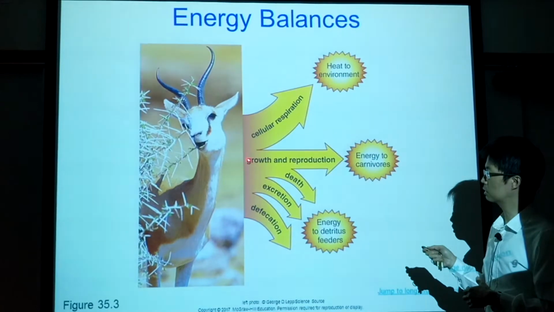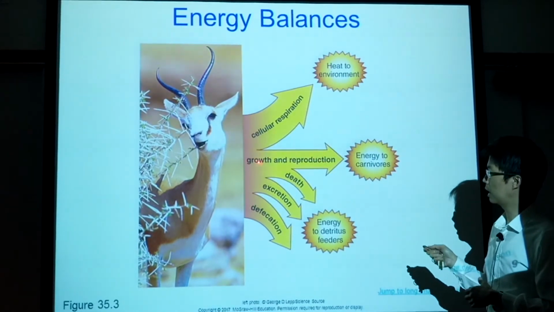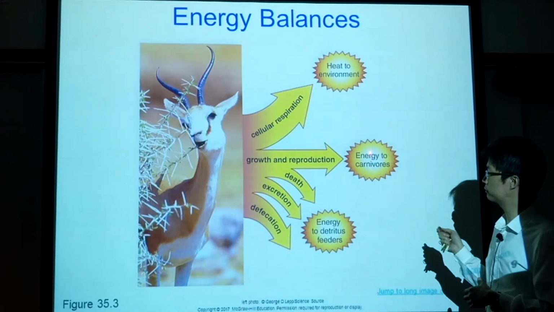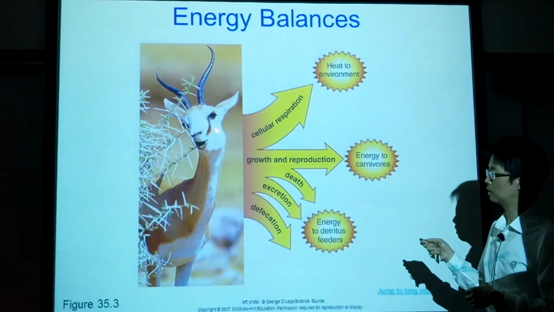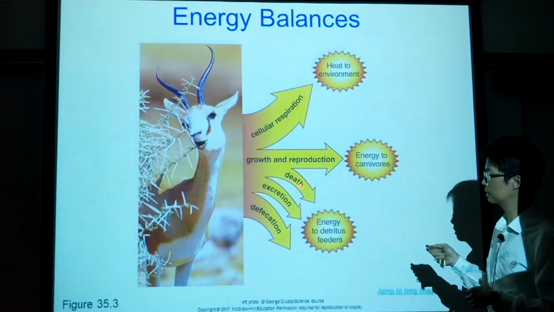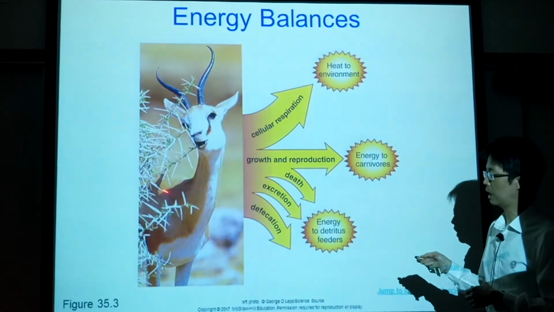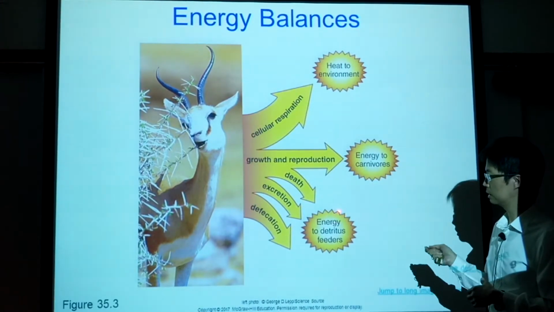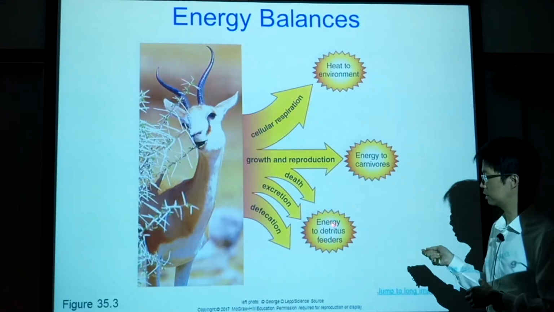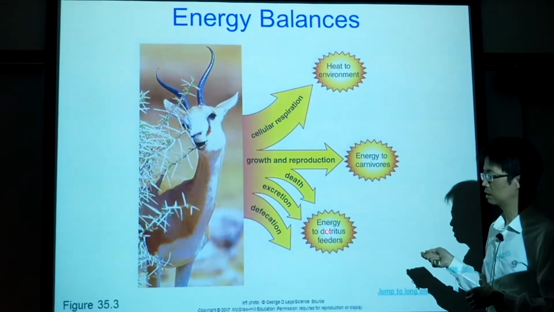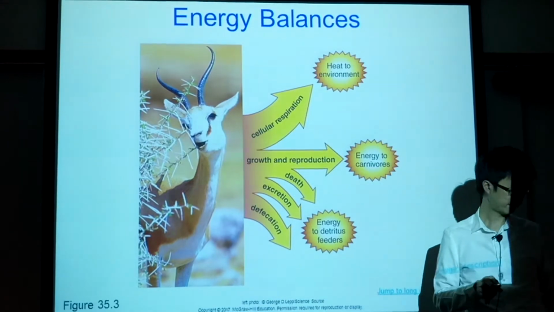And then growth and reproduction will provide energy for the carnivore to feed on the herbivore and the plant. The death, excretion or defecation of the animal or plant will provide energy for the detritus to feed on.